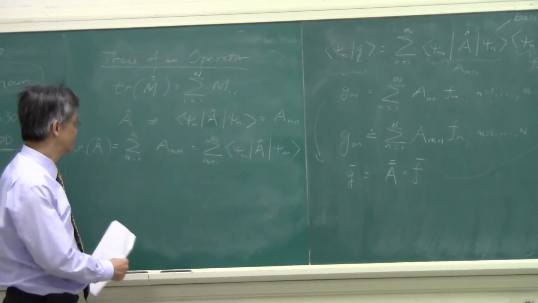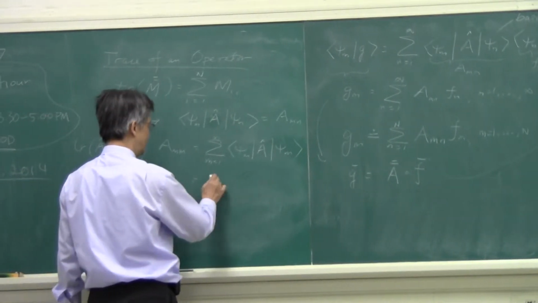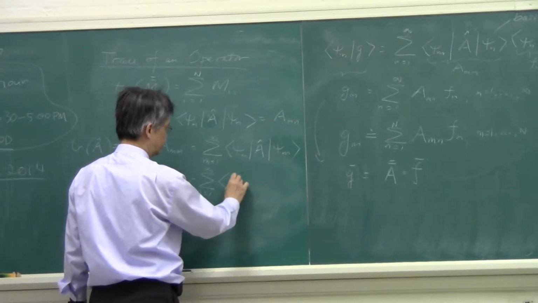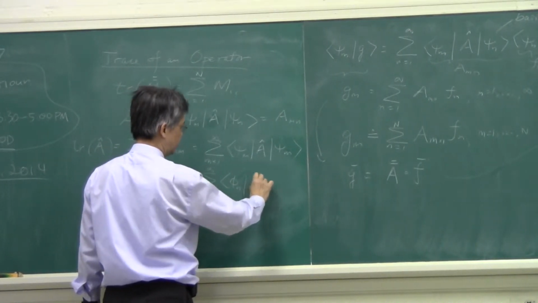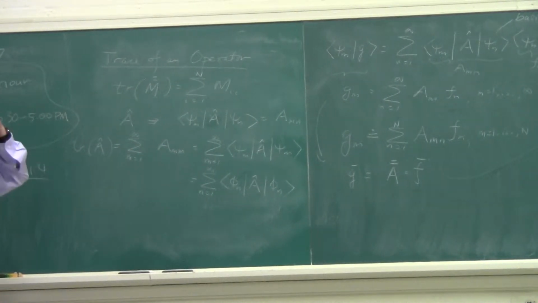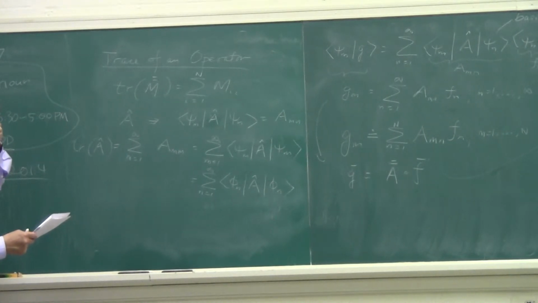Okay? And I'm going to show that if you were to switch to a different orthonormal set, you're going to get the same trace. Let me prove to you this fact.